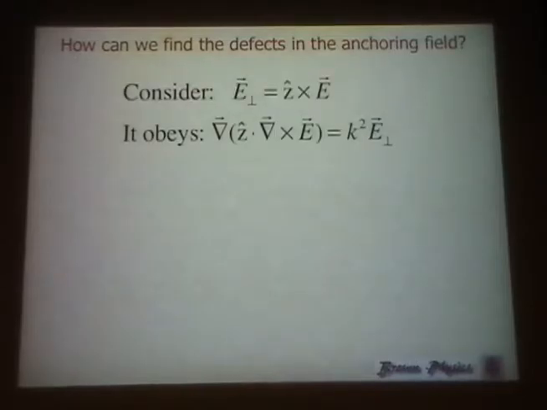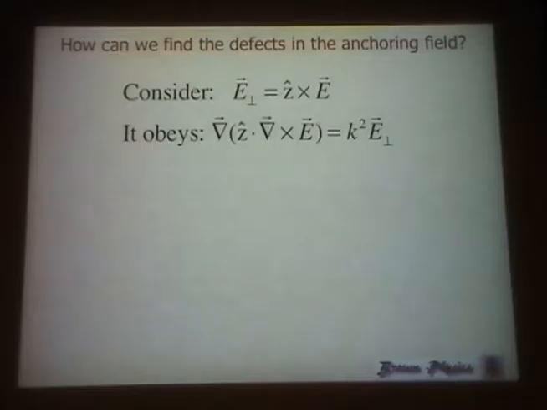So one nice way to do this that my student Michael Schwartz came up with is to consider a vector perpendicular to the E field. And you can then show, if you just go back to the E field on the previous slide, that you get the following identity.